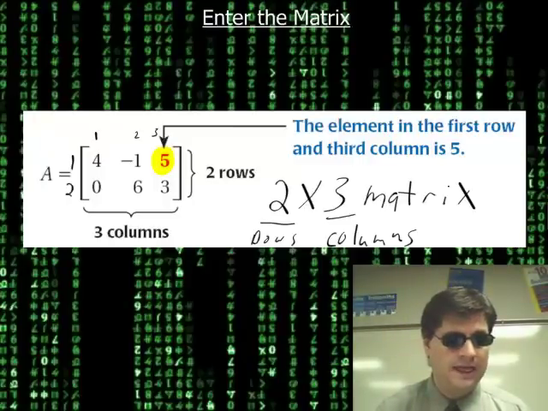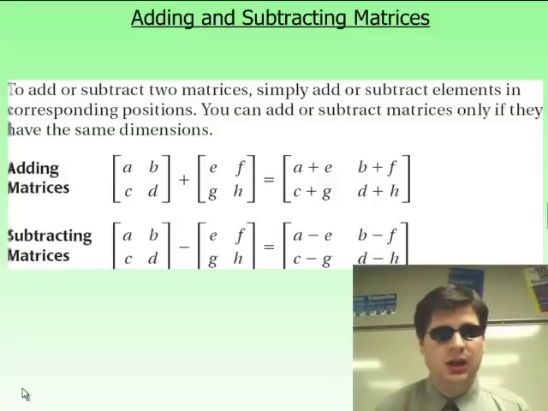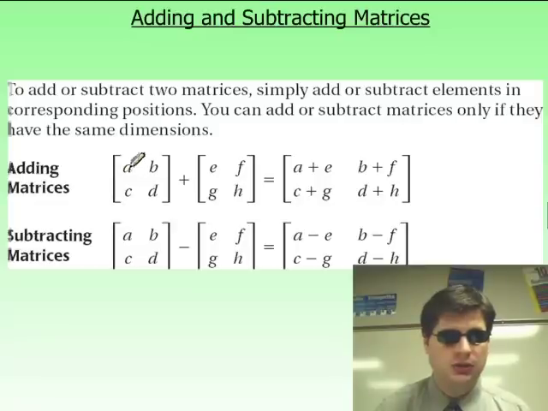So the first operations we're going to talk about is adding and subtracting. And basically it's very, very straightforward. Each element in the first matrix corresponds with the element in the second matrix.